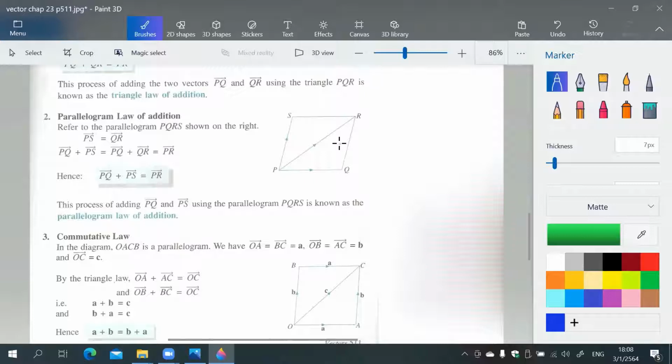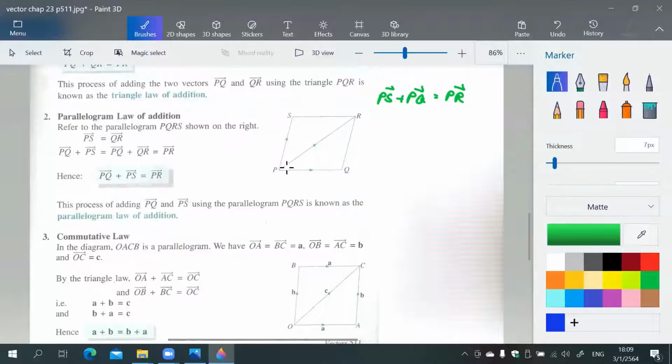Once we have PQRS as a parallelogram, then we have vector PS plus PQ equals vector PR.